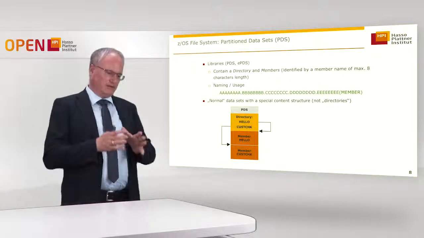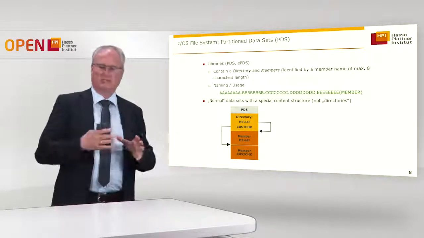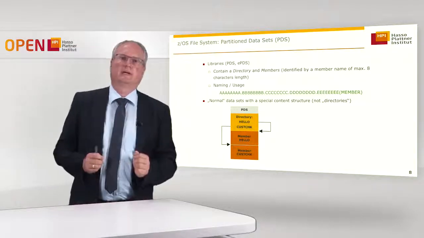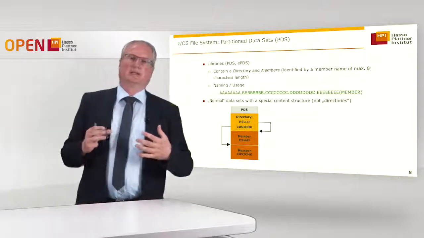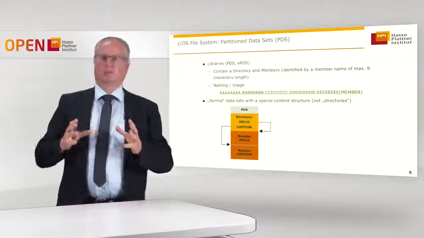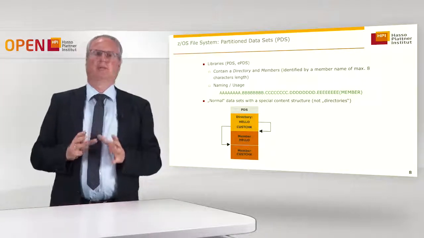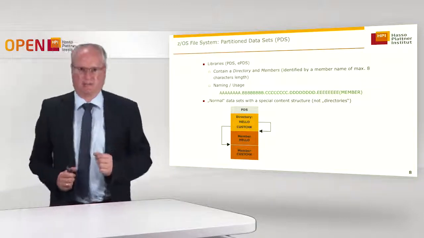Besides the normal flat dataset, which is a simple file that you could read and process sequentially or in arbitrary order, there is one type of special file that has some resemblance to what we might call a directory, but it's much simpler, and it does not provide a recursive hierarchical tree-like structure.